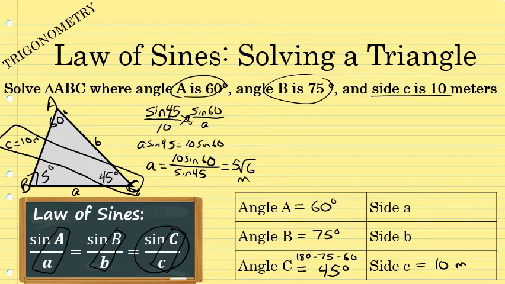When using the law of sines to solve for an angle or a side, in this case a side, you'll usually get an irrational number, and depending on the problem or the level of precision needed, you can round this off to any number of decimal places. In this problem, I'm going to be rounding off to 2 decimal places for my unknown sides. 5 times the square root of 6 is approximately 12.25 meters.